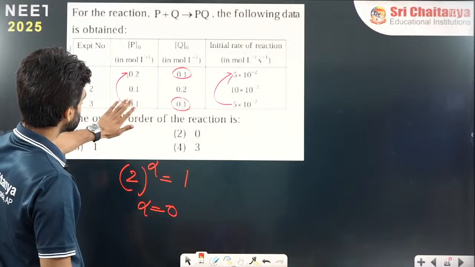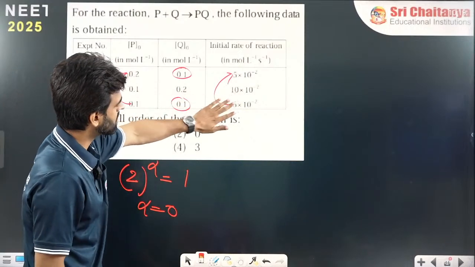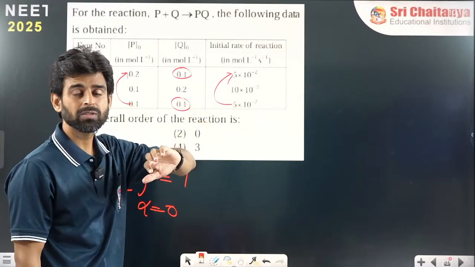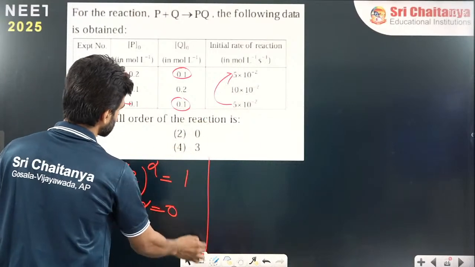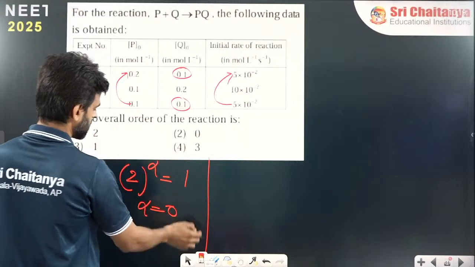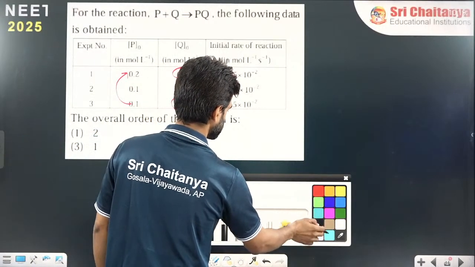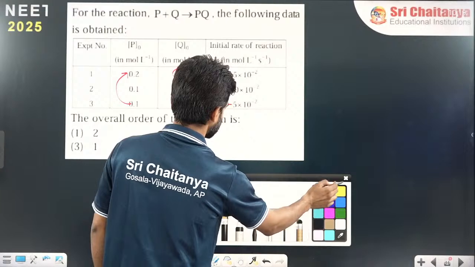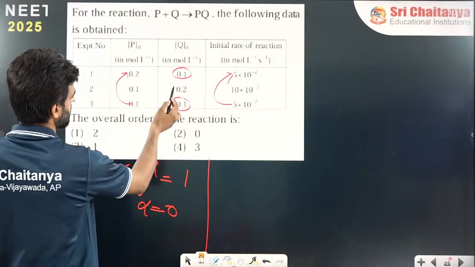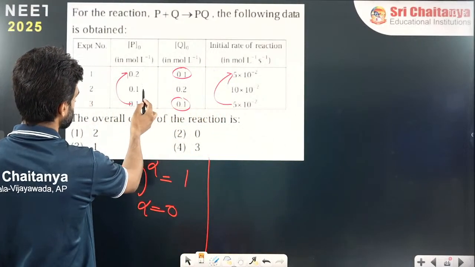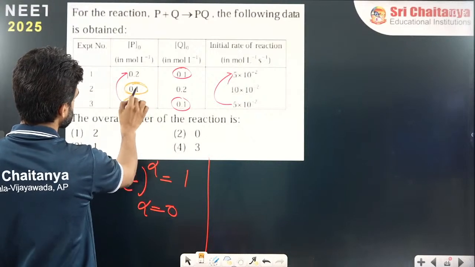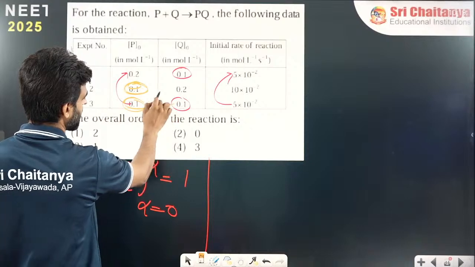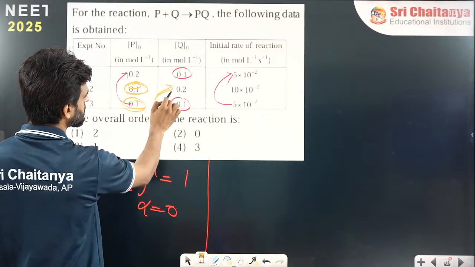As I am doubling the P concentration, rate remains constant. So P amount is not affecting the rate. So it is independent of that, right? The next thing, now if you see beta, in 2 and 3, P is constant and I am doubling the Q amount.